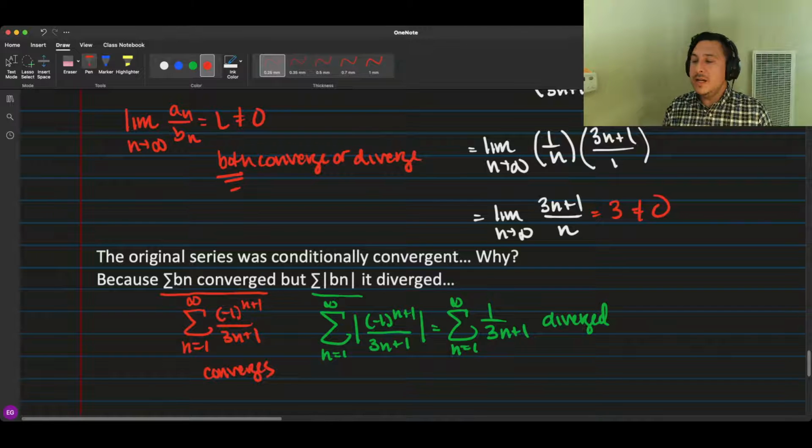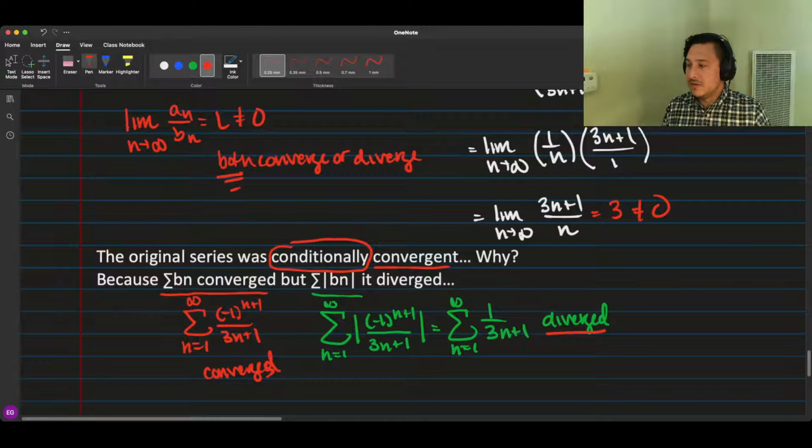So we already knew that our original series converged. The question now is, what about when you put absolute values around the terms of the series? That diverged, and that's what makes it conditionally convergent.